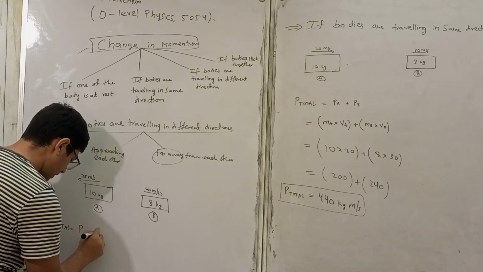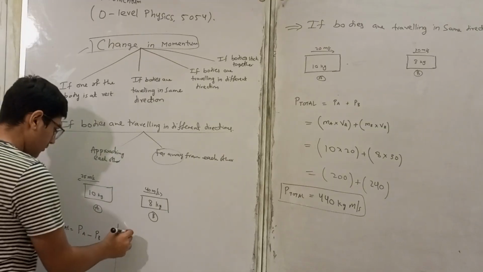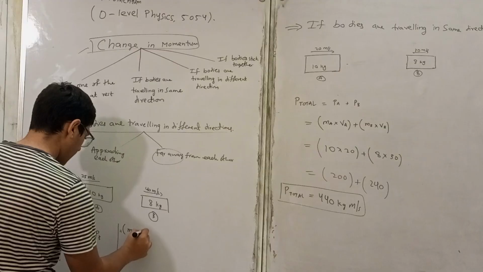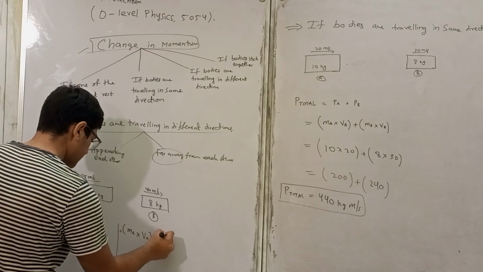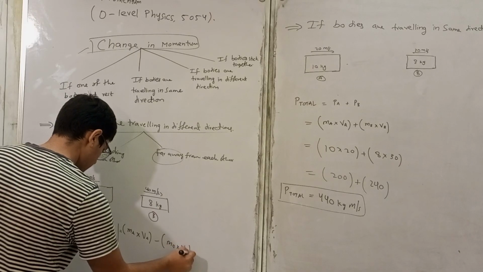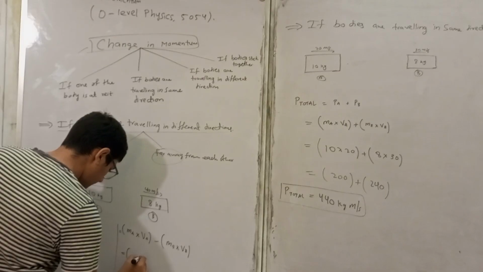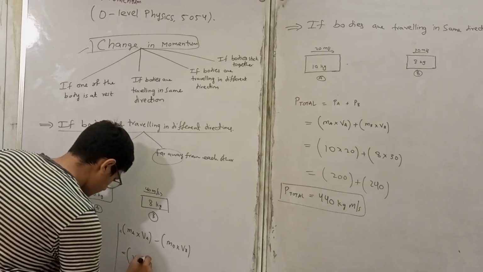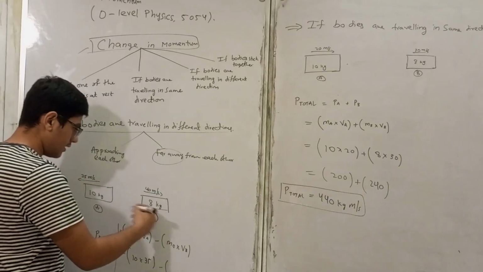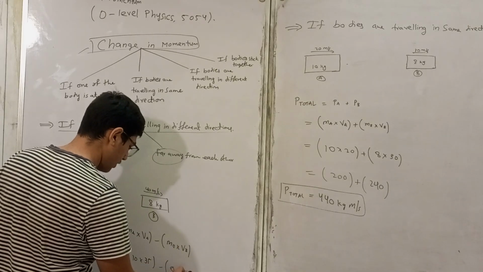Momentum of A minus momentum of B, that will be mass of A multiplied by velocity of A minus mass of B multiplied by velocity of B. Mass of A is 10 kg, velocity is 35, minus mass of B is 8 kg and velocity is 40.